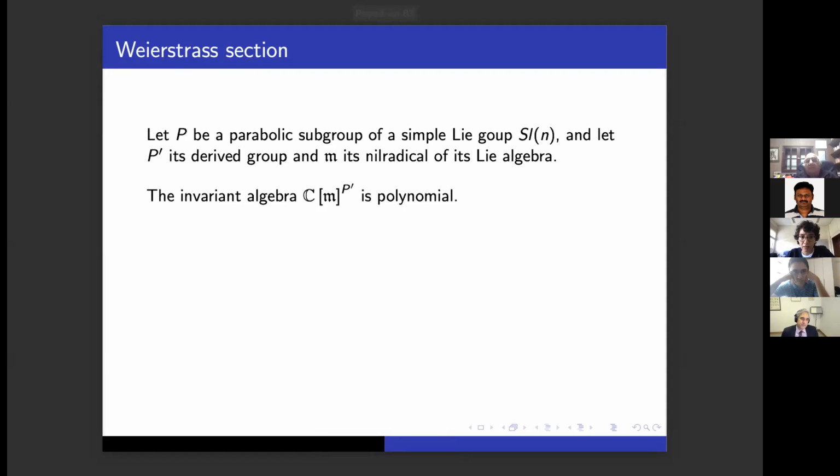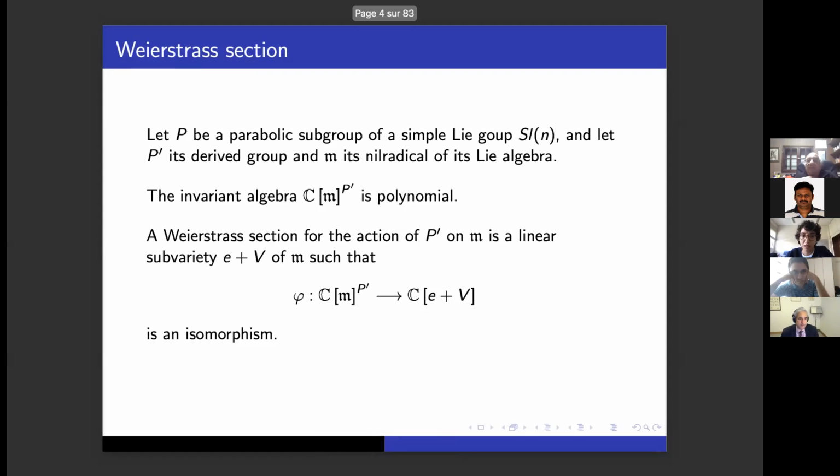So the invariant algebra of regular functions on M by the action of P prime is polynomial, and a Weierstrass section for the action of P prime on M is a linear subvariety E plus V of M, where E is just a point and V is a vector space, such that the restriction map phi that goes from regular functions on M invariant by the action of P prime to regular functions on E plus V should be an isomorphism.